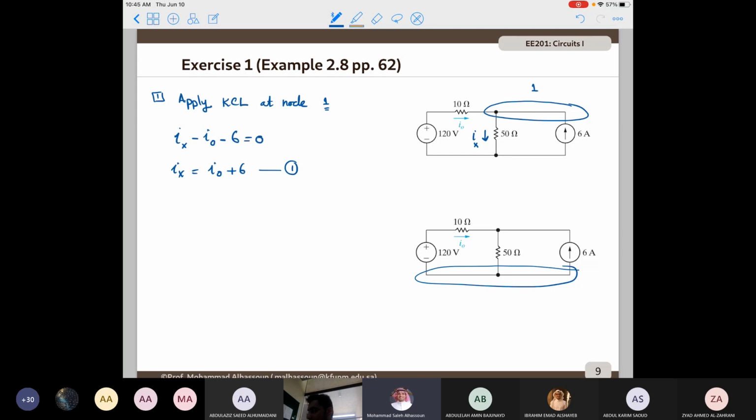So probably the best strategy here is to use the voltage. Yes, I could use the voltage.